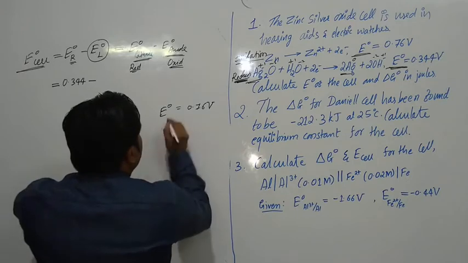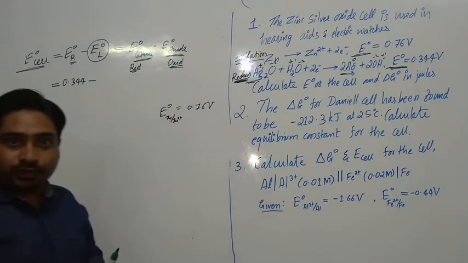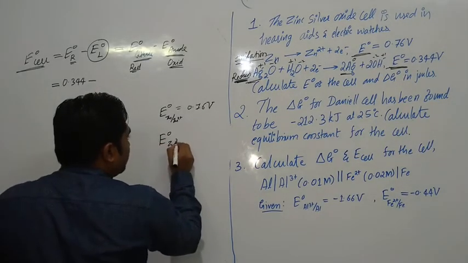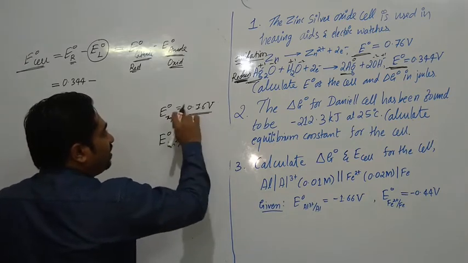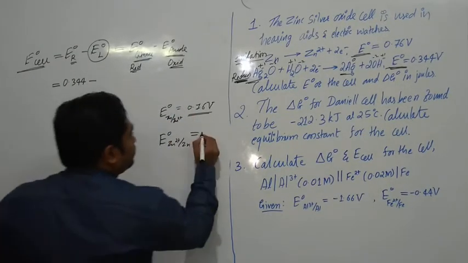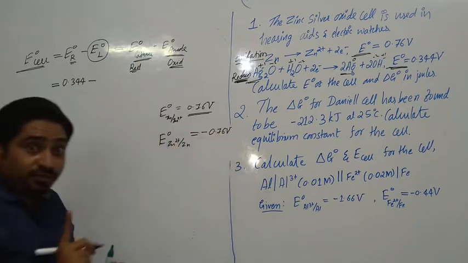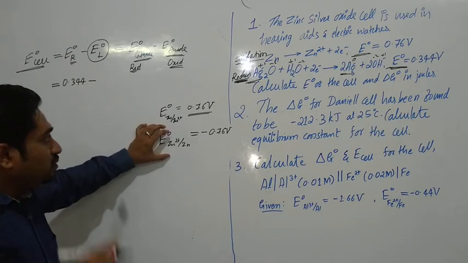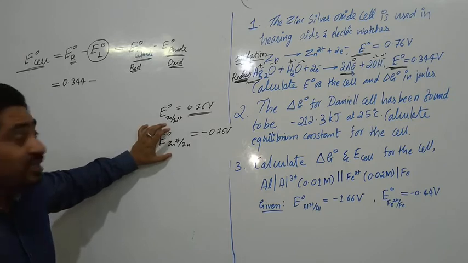Oxidation potential means what? Zn bar Zn2 plus. This is oxidation potential. And the standard reduction potential of the very same zinc must be Zn2 plus bar Zn is equal to, the magnitude remains the same, the sign changes. If it is given positive, we should write negative: minus 0.76 volt. So this is very important. The oxidation potential of zinc is equal to the reduction potential in magnitude but opposite in sign.